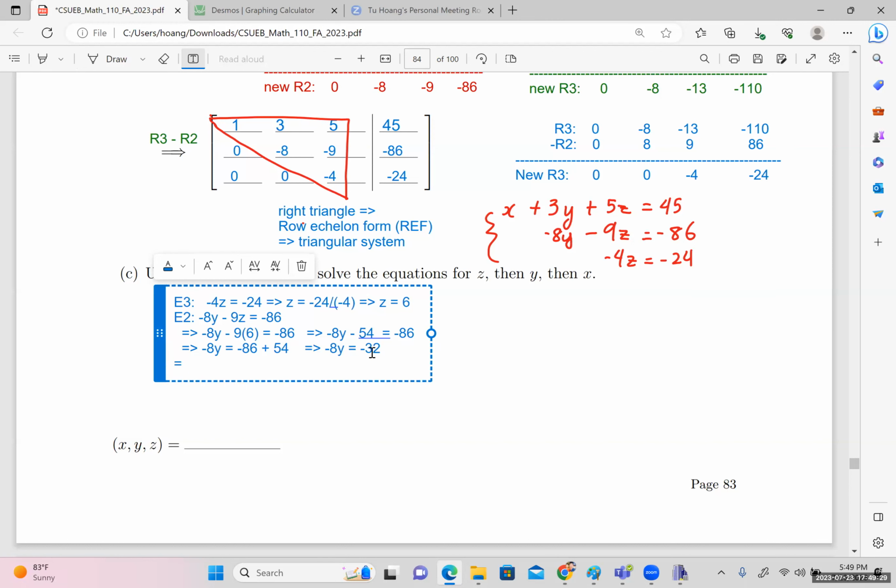Then lastly, y will be equal to negative 32 divided by negative 8, which gives you 4. All right, y equal to 4.